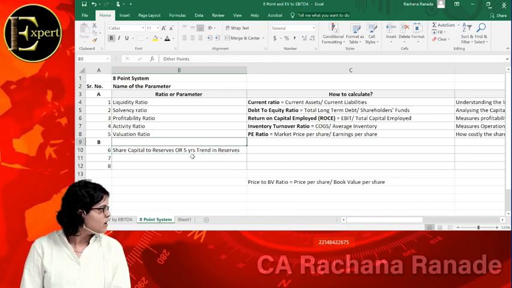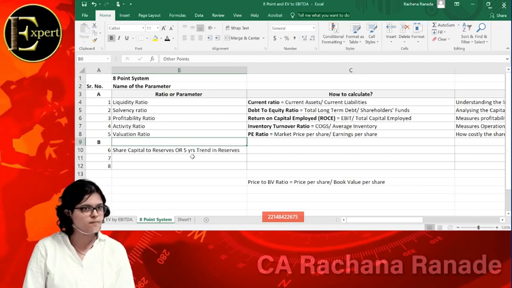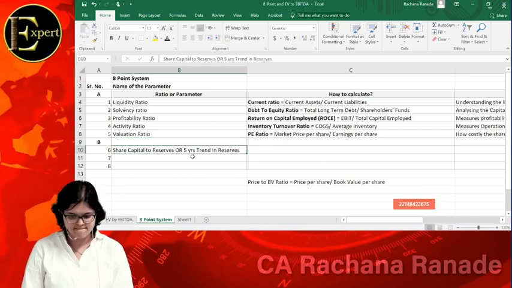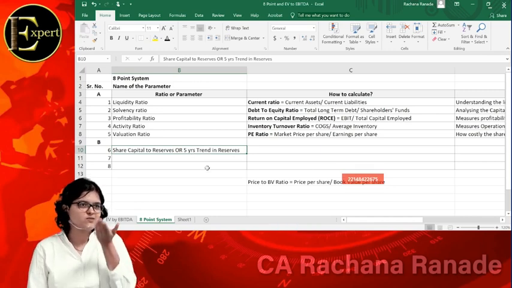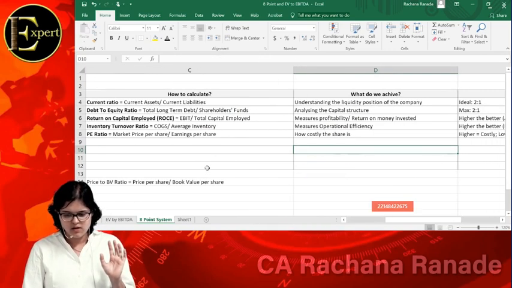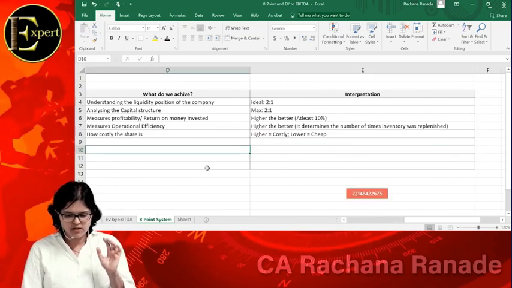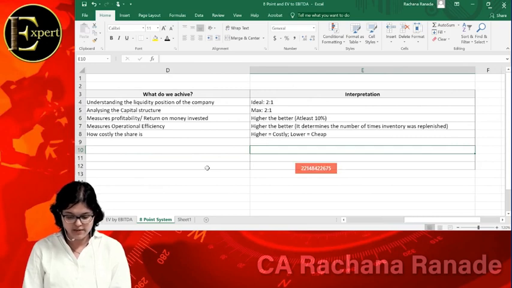Correct? Share capital to reserves or 5 years trend in reserves is what we were checking. There's nothing to calculate here, right? We were just looking at the balance sheet. So how to calculate is dash. What do we achieve is also nothing, but what is the interpretation, tell me?